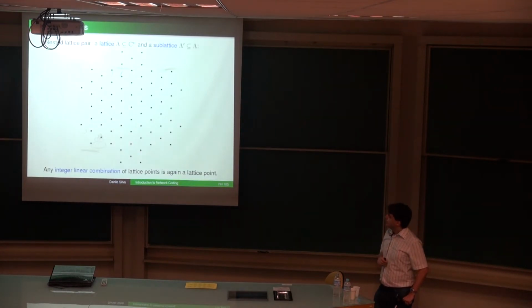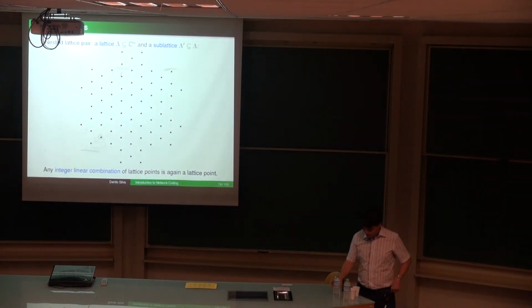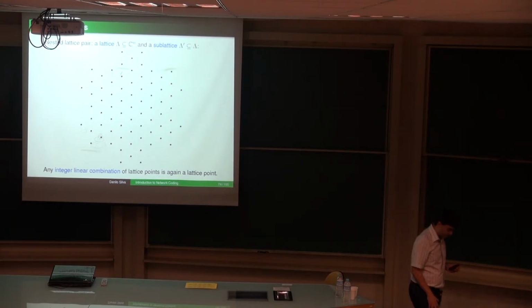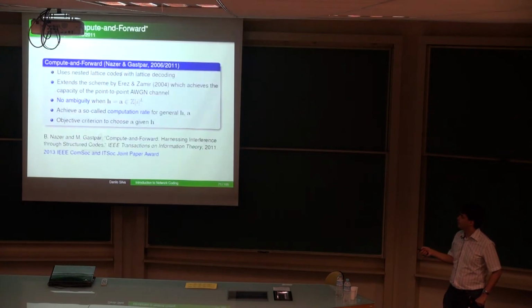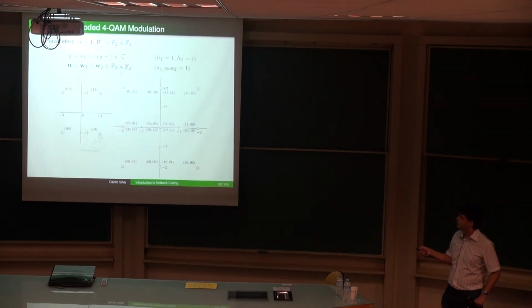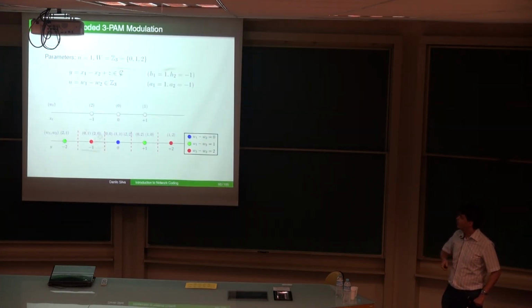The first ingredients that we need are, of course, lattices. You can probably see the reason for lattices just going back to the first example. That's the way we can make combinations, like summations over the complex numbers, match summations over this finite ring.